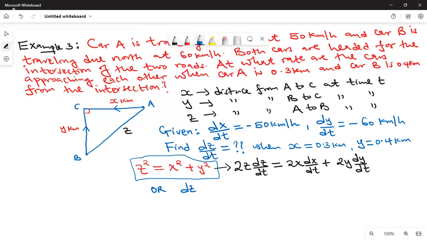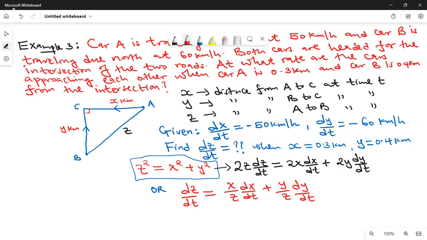So we say dz/dt is equal to, dividing by z, x over z times dx/dt plus y over z times dy/dt.